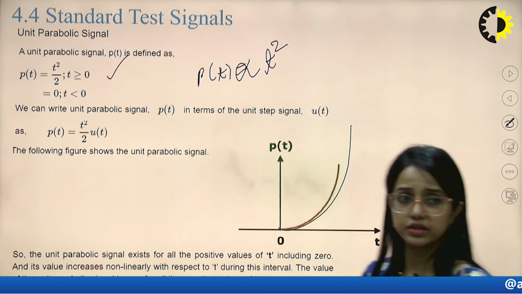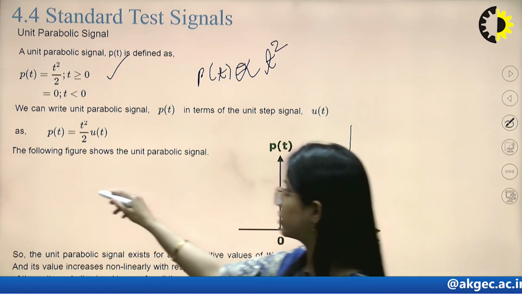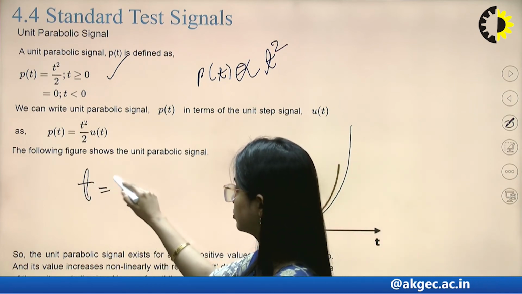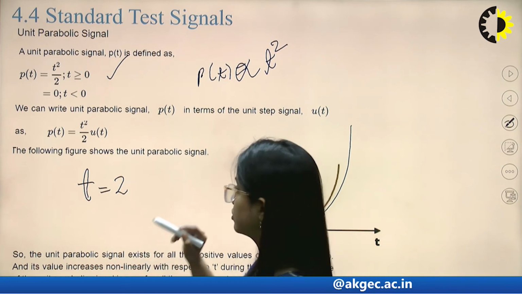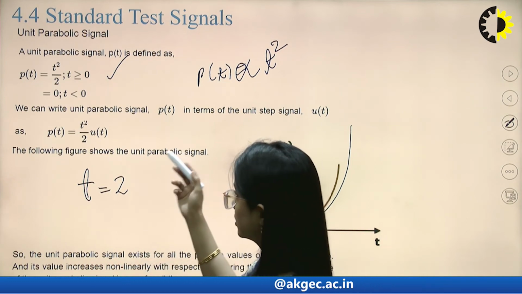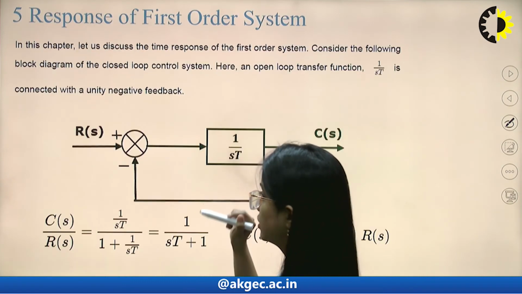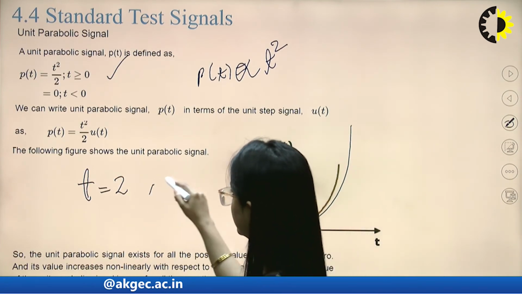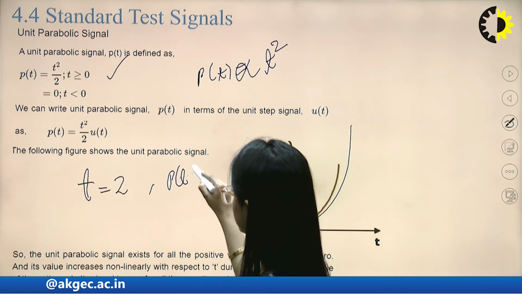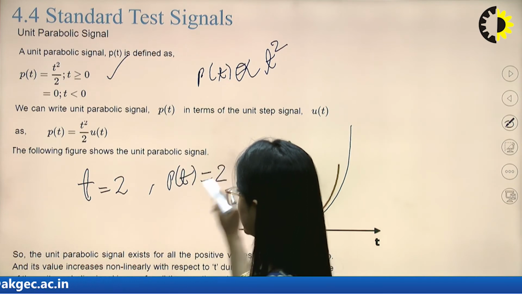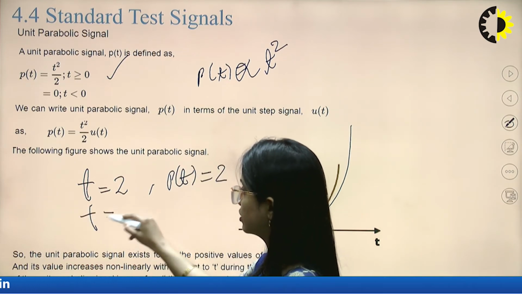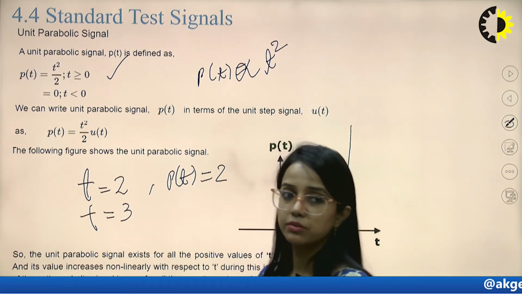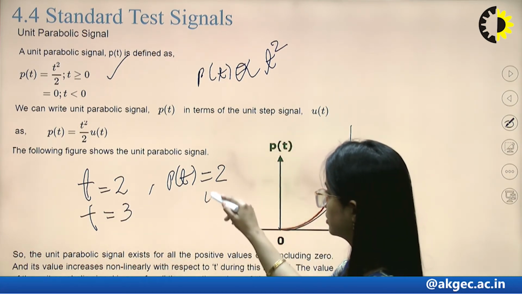If we plot certain values, let's say for t equals 2, it will be t square is 4 by 2, and that is 2. The output will be of course 2. So for t equals 3, it will be 9 by 2, that is 4.5.